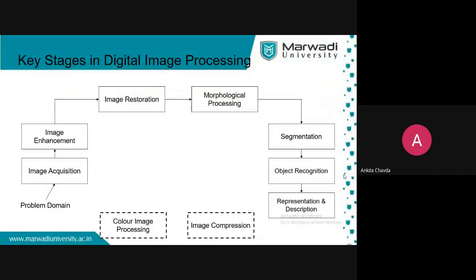Now start with the key stages in digital image processing. Most important topic, as we have already discussed this, but still. First is your problem domain, right? What is the problem? Then we will find the solution, of course. So first is the problem.